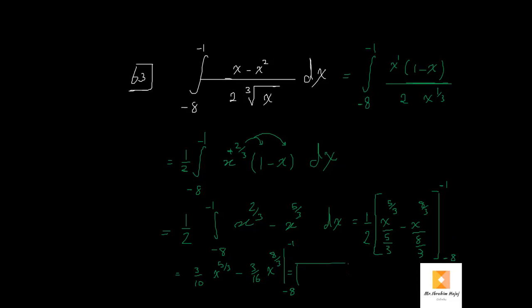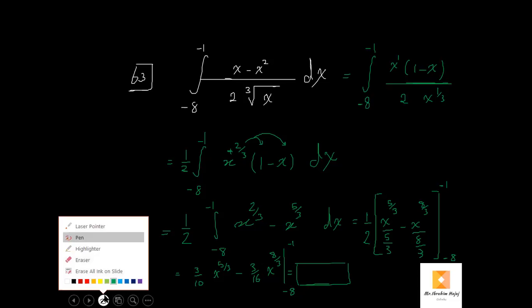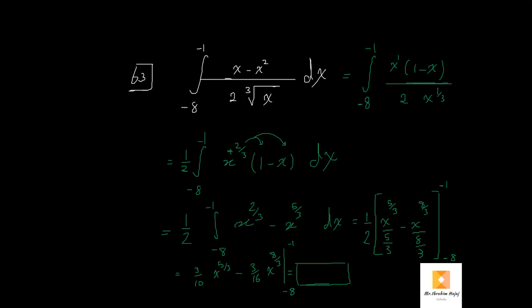You can do it on the calculator. Yes, I'll do it now. What's the answer? One second. The answer is 4,569 over 80. It's all over 80.